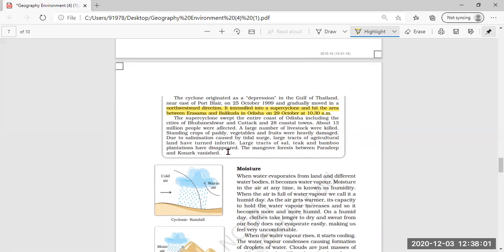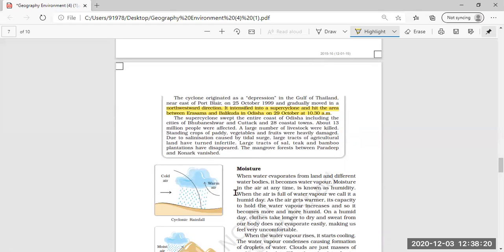The water was not up to the mark where agricultural land can be productive. That type of water was there due to this cyclone.